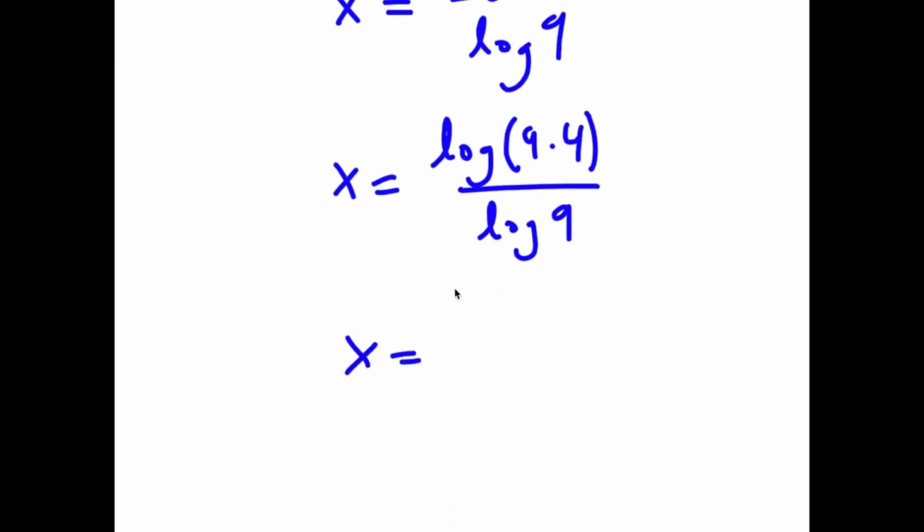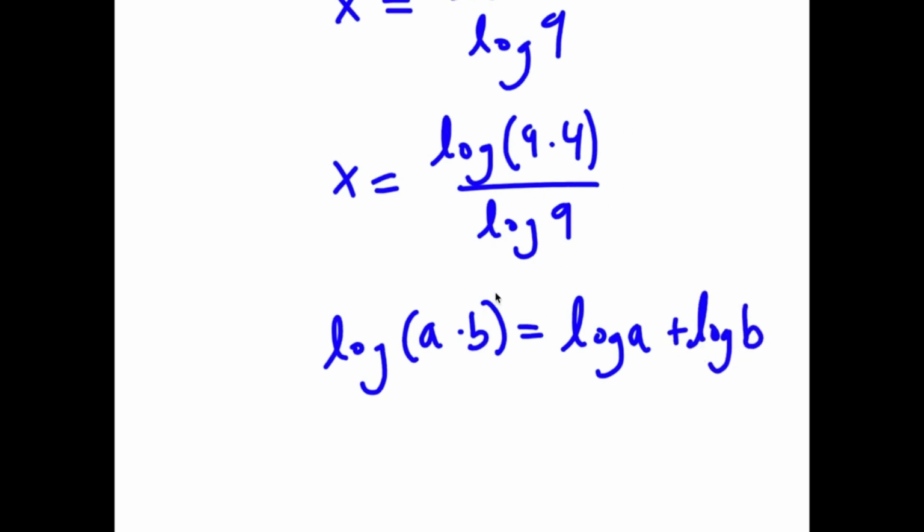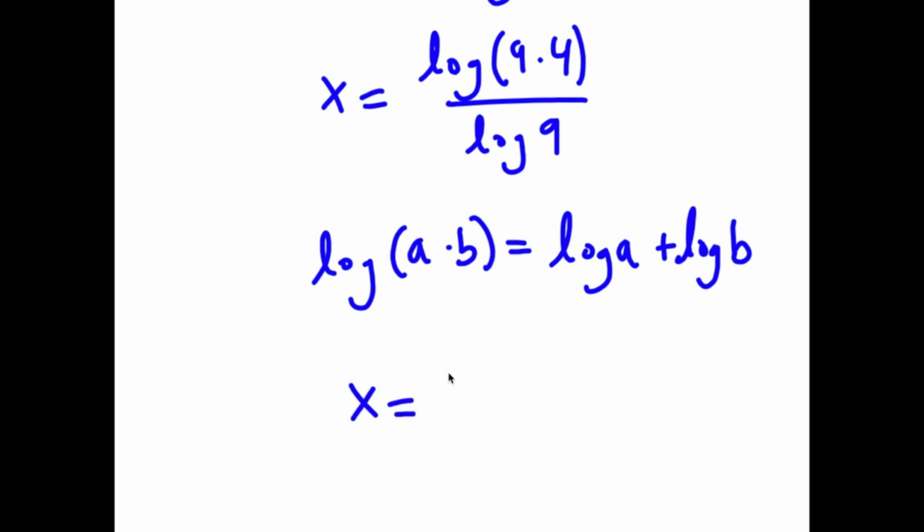Now this is the same thing as if I have something in the form log of a times b, this is equal to log a plus log b. So log of 9 times 4, that's going to equal log of 9 plus log of 4.